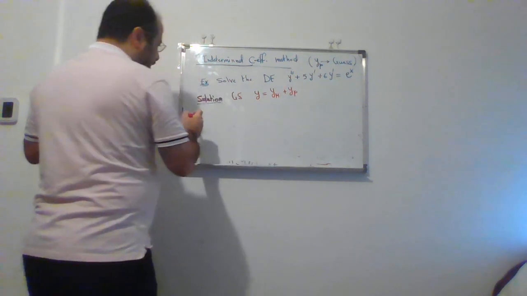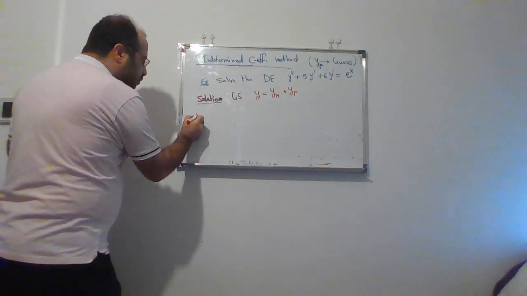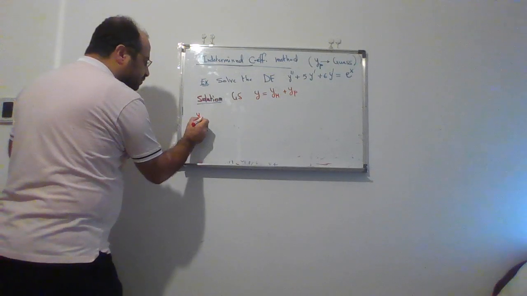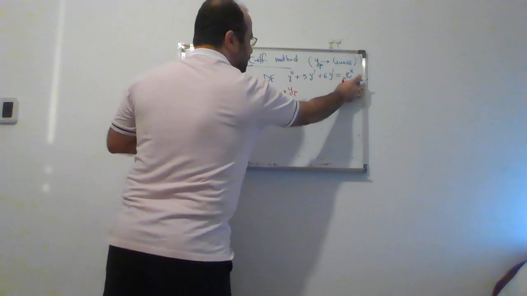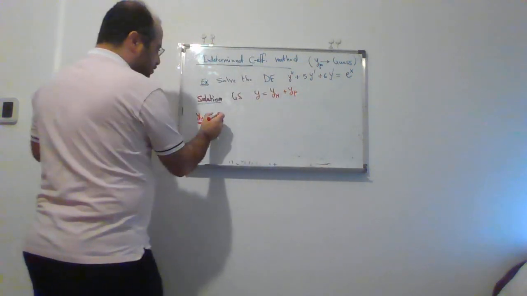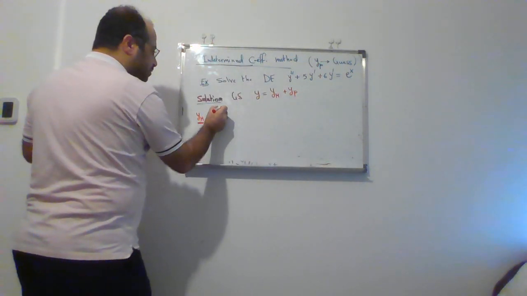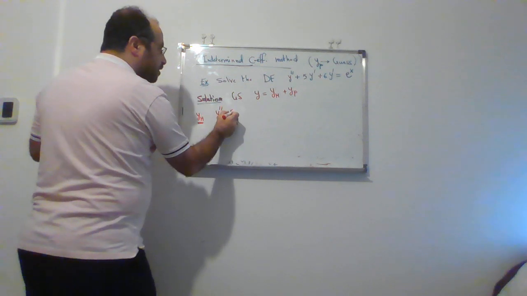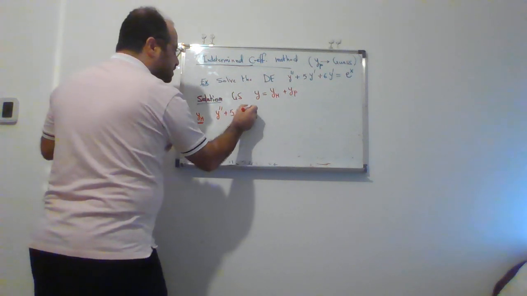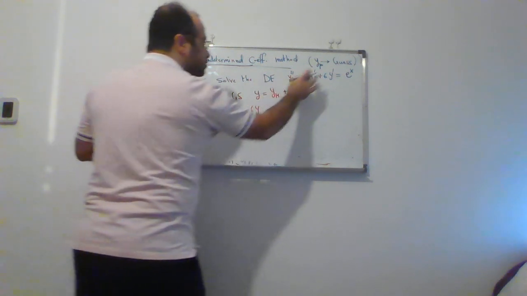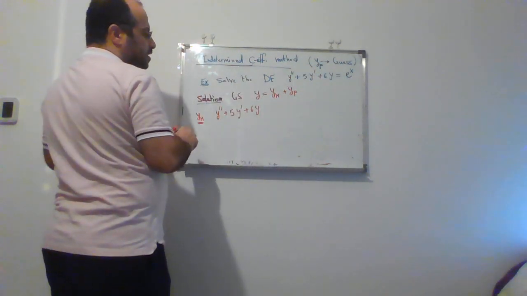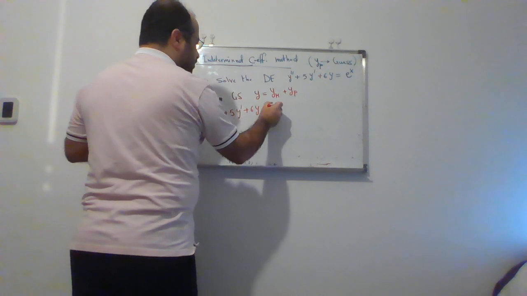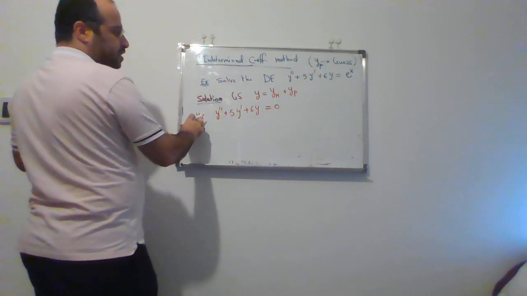Now, how do we find y homogeneous? You need the right hand side to be 0, so we go with y double prime plus 5y prime plus 6y, sorry, it is not y prime, it is 6y, equals 0. When I put 0, this is the homogeneous equation.